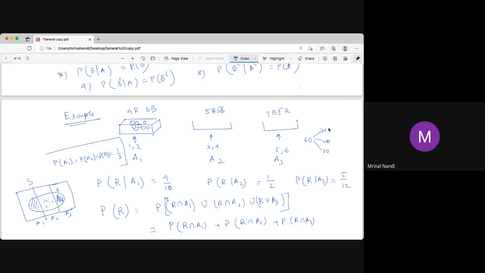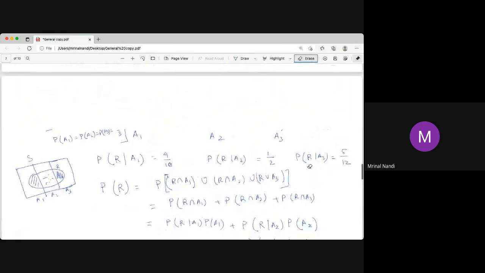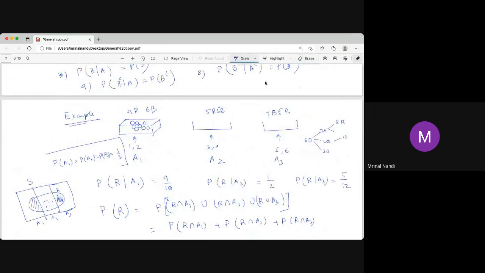Same thing. Now for the first box, the number of times the red ball will occur is just 8. For this, it is 20, so it is 10. Now it is 12. How is it 12? So how does it come to 60? It should be 120. Otherwise, you can take that, but it will be a fraction.